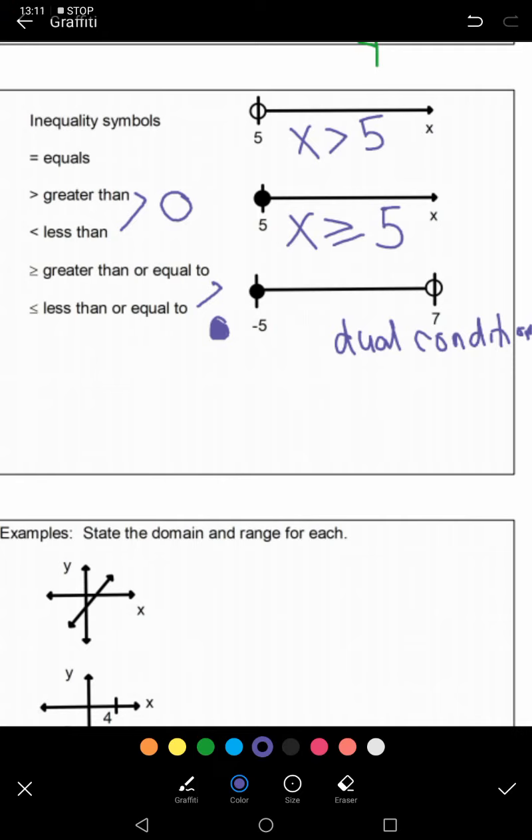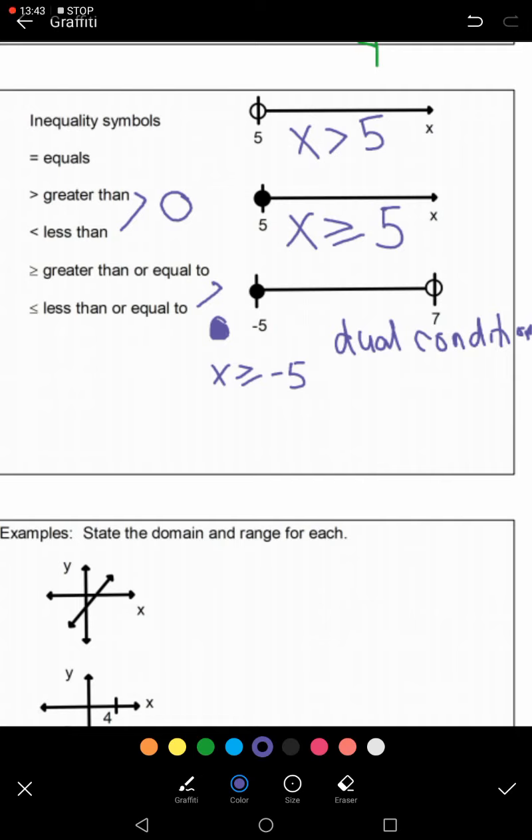The first is that x is greater than or equal to -5. It's greater than because it's moving to the right. Think about that line on a graph. And it's greater than or equal to because we have that filled in circle. Our other condition, though: think about this line as between -5 and 7. So we need to know what values are between -5 and 7.